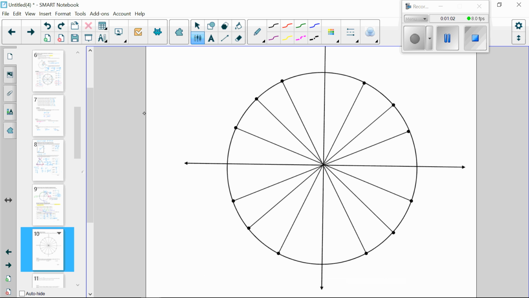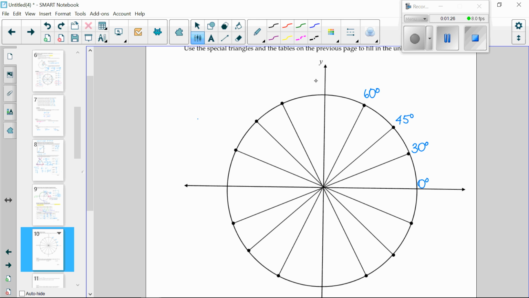All right, so the first thing that I'm going to do is fill in all of my angles. So I know over here I have 0 degrees. The next is 30 degrees. Over here I have 45 degrees, 60 degrees, and 90 degrees.